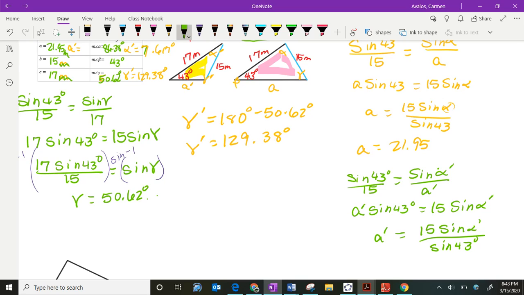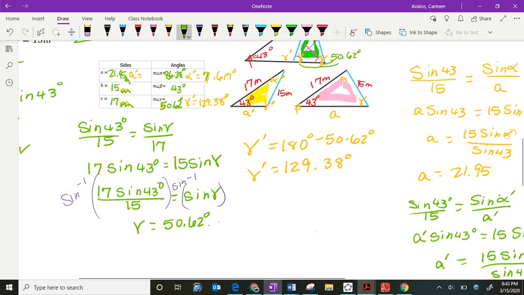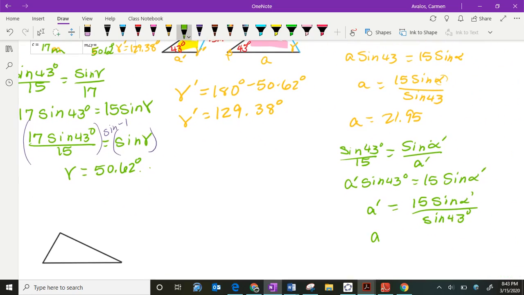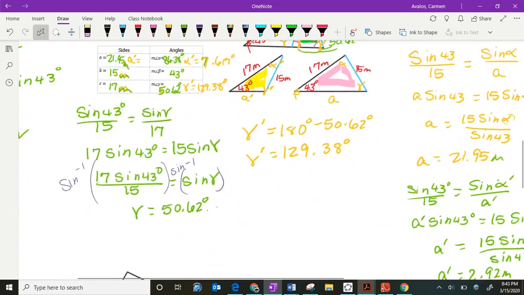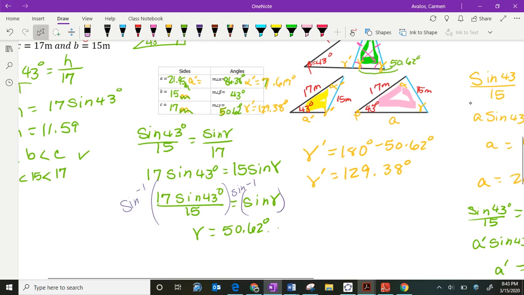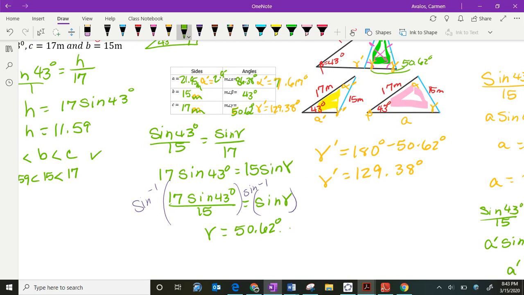And then you put that in your calculator, and it turns out that A prime is going to be 2.92 meters. And so that is your answer here. Okay, so that's how you solve this triangle.